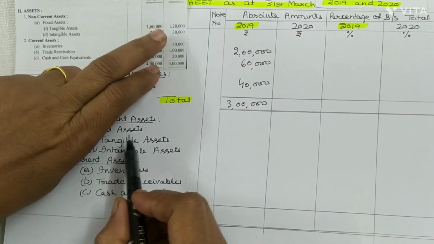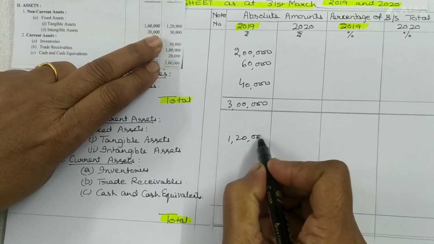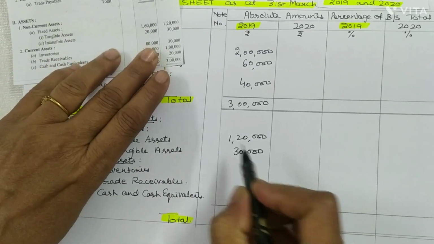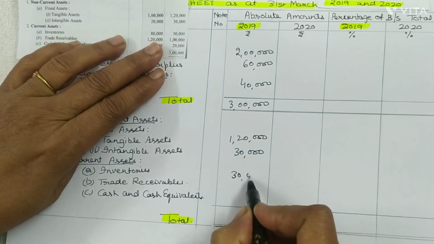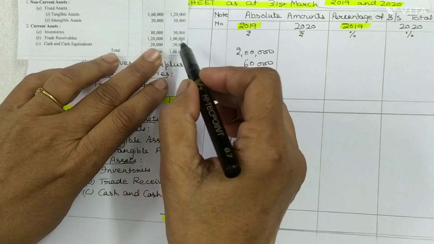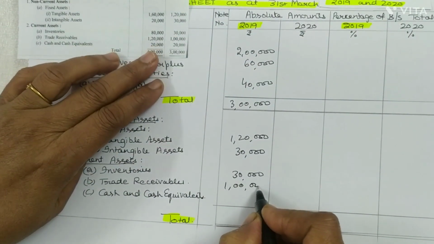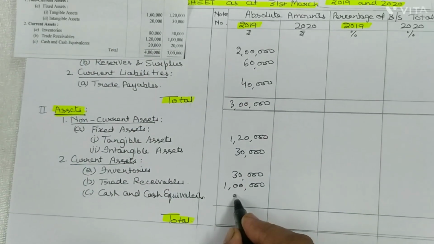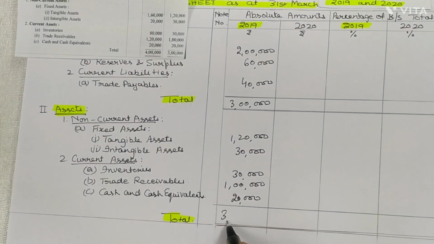Tangible assets are 1 lakh 20 in previous year. Intangible assets 30,000 and inventories are 30,000. Trade receivables are 1 lakh and cash equivalents are 20,000. Total is 3 lakh.